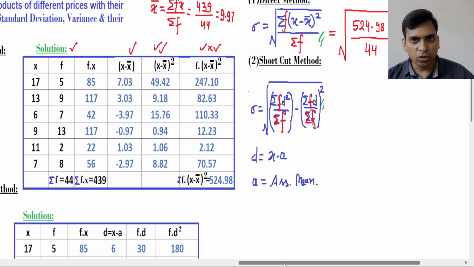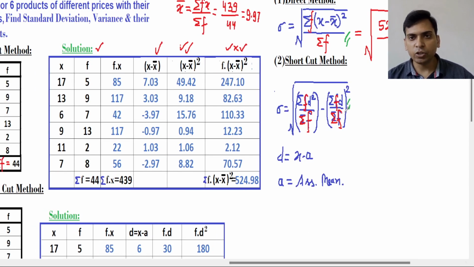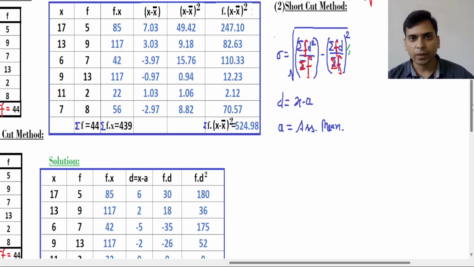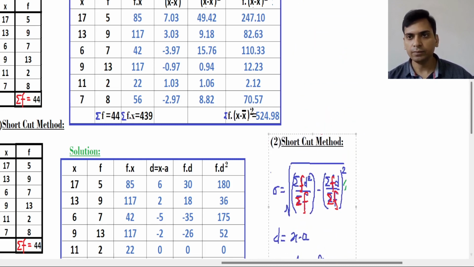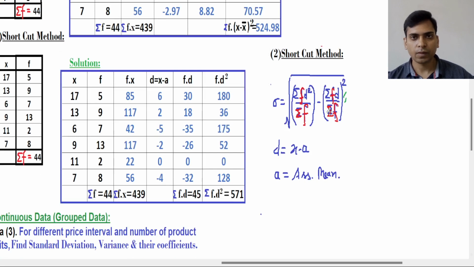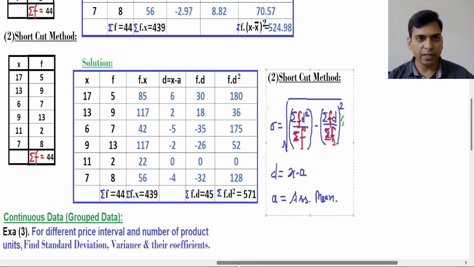And then we can find the same thing using the shortcut method also. The shortcut method formula is this. For the shortcut method, you need first D, and for D you need A. I am copying this formula here because there is no space. We have this same discrete data.